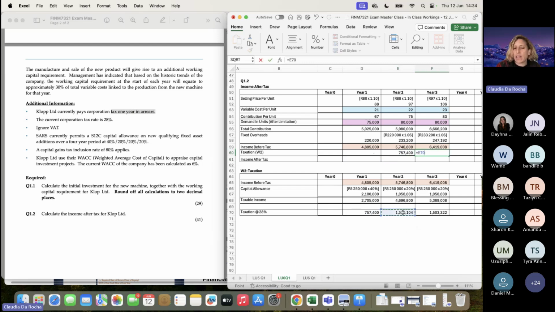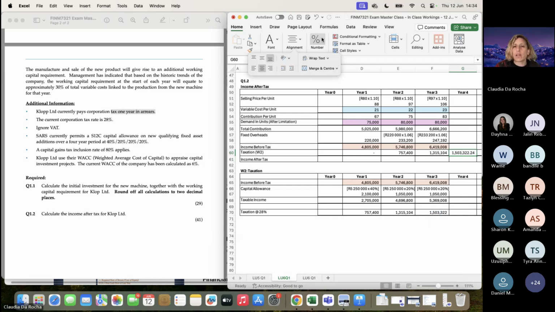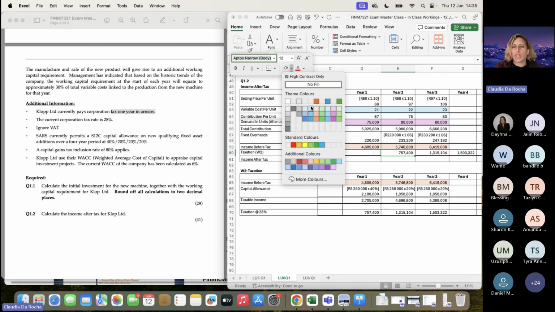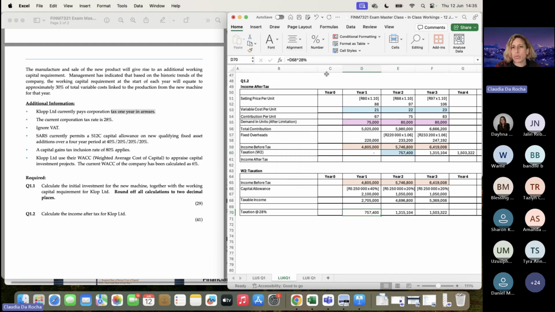We will pay then the following tax, and in year 3, we will have tax. Okay, so remember, arrears means we pay the following period, not the period in which the tax is calculated. It's very important. This is how you can be tricked.